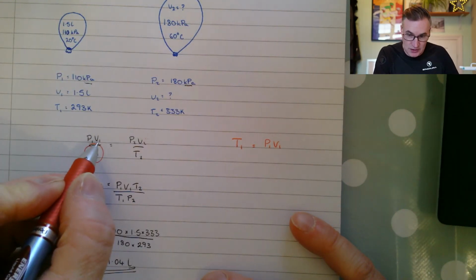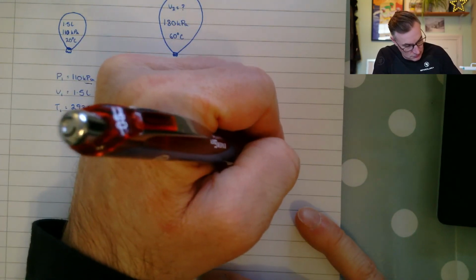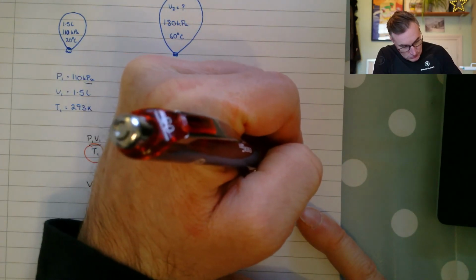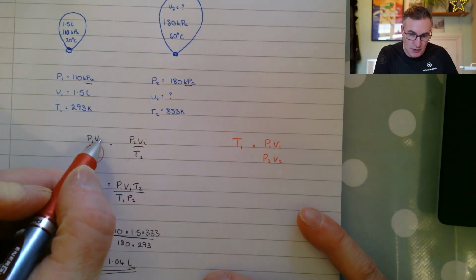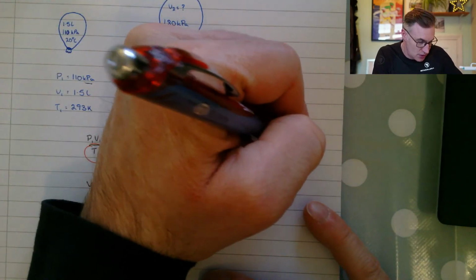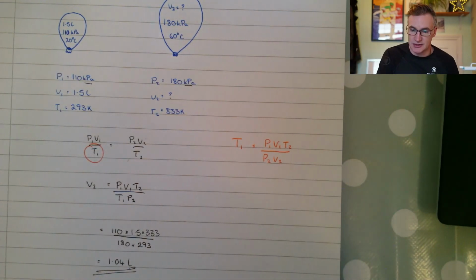P1 V1 stayed where it was. T1 moved up, P2 V2 goes down. And don't forget about T2. T2 has got to go away as well, so that goes up to the top. And so that would be the rearrangement there: T1 is equal to P1 V1 T2 over P2 V2.